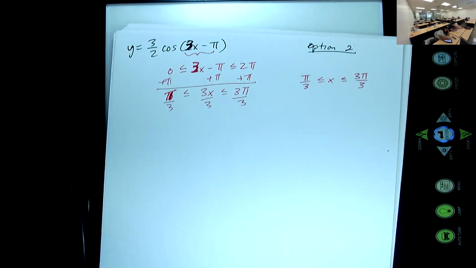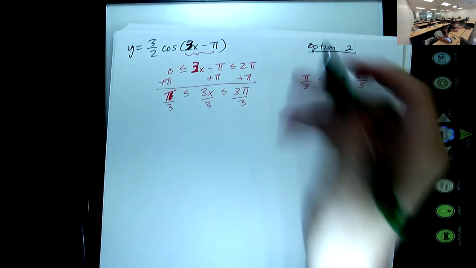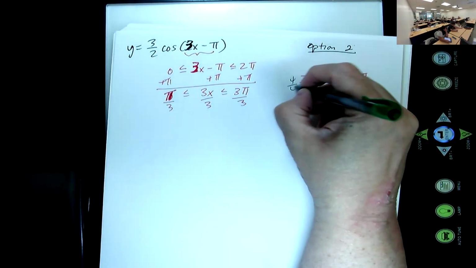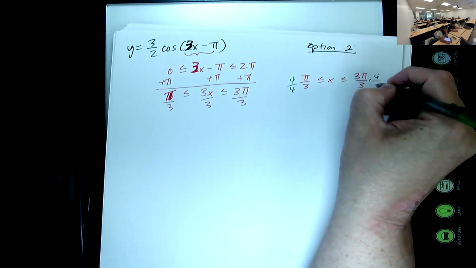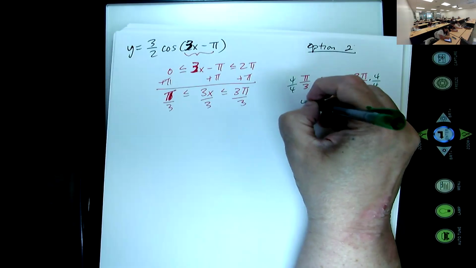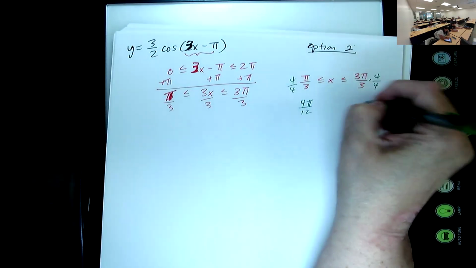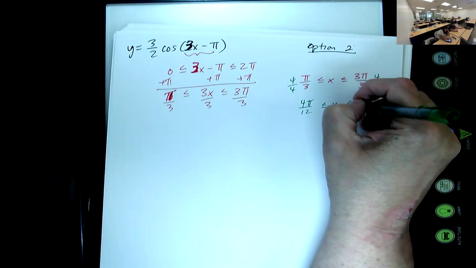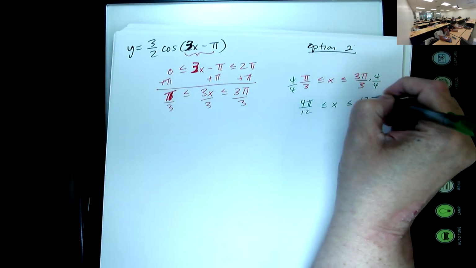I'm gonna leave that listed as 3 pi over 3, because we do need to break this up into 4 regions. And keeping the same denominator makes this a lot easier. I'm gonna multiply both of these by 4 over 4 like we did last time. This is 4 pi over 12 less than or equal to x less than or equal to 12 pi over 12.